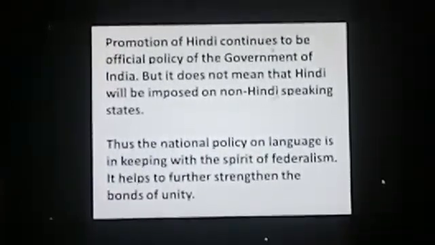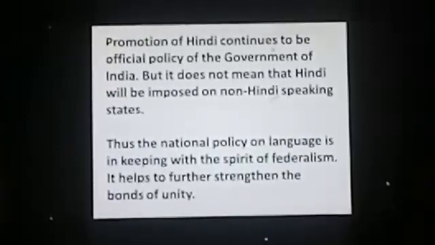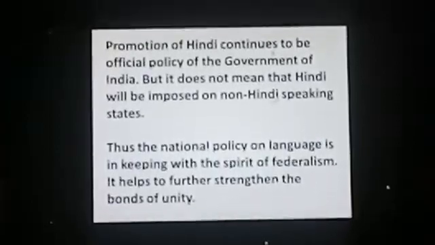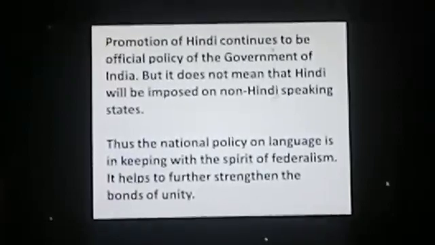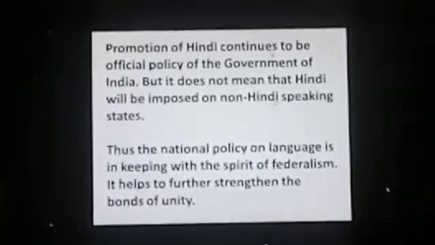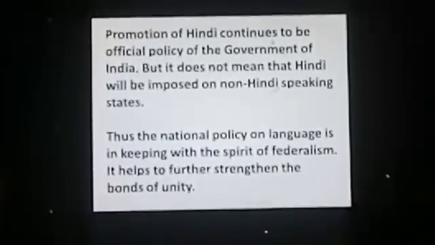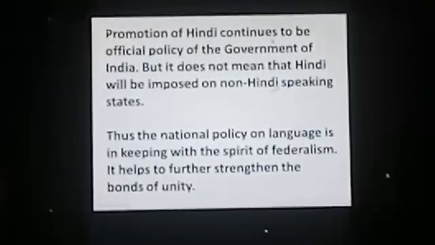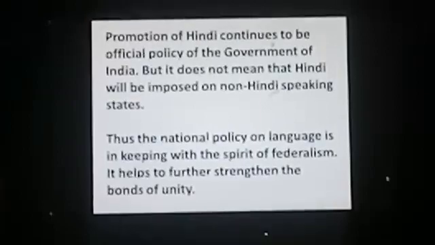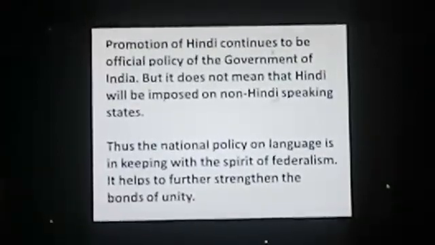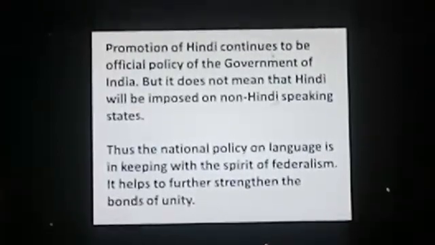It helps to further strengthen the bonds of unity, thus avoiding a situation like that in Sri Lanka. You know what happened in Sri Lanka, where the Sinhala language was imposed on the people and the Sri Lankan Tamils opposed this.